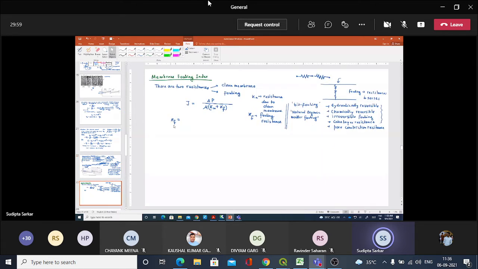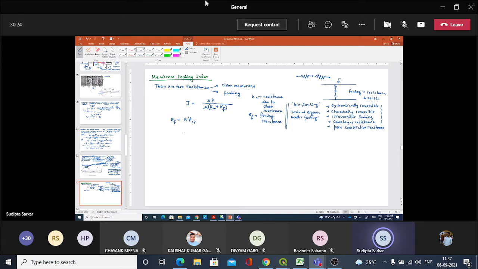So that means this cake formation or this Kf value is not constant. It is related with the value of K and V into SP.